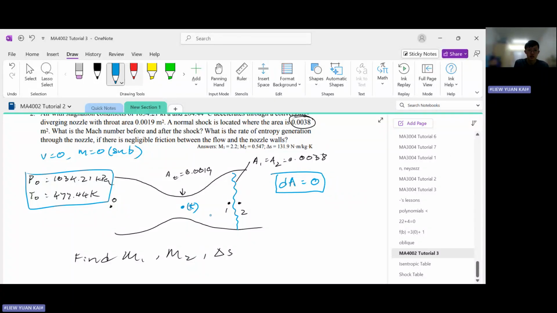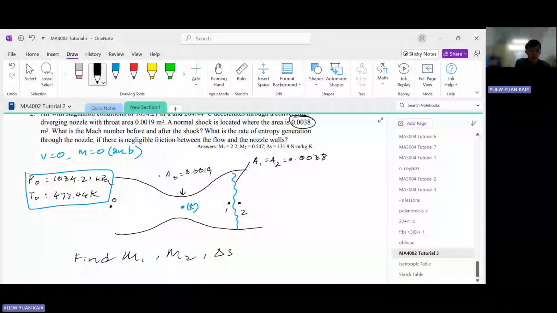So if this is supersonic, then the throat is necessarily at Mach number equals to 1. Having known that, you know that AT is actually A star. AT is equal to A star because the throat is already critical, and therefore the throat area is the critical area.